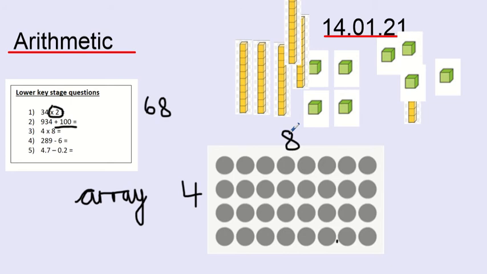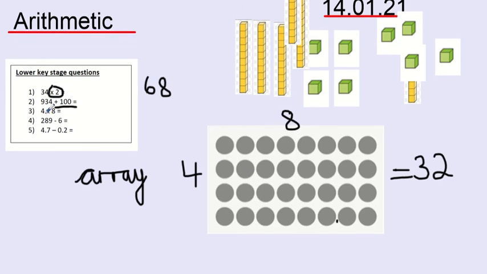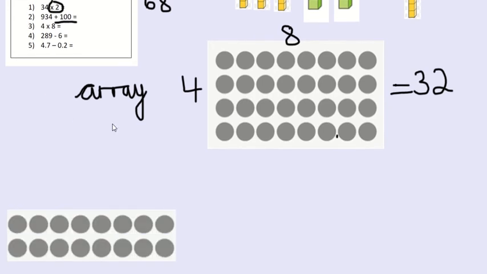And then I could count those and find out what I've got all together. So 4 lots of 8 is... That's right, 32. Now, some of you might have noticed that we could also think about, well, what happens if I know what 2 lots of 8 are?